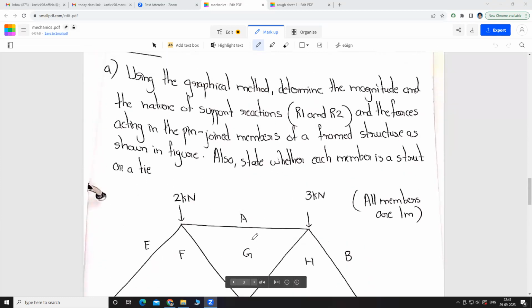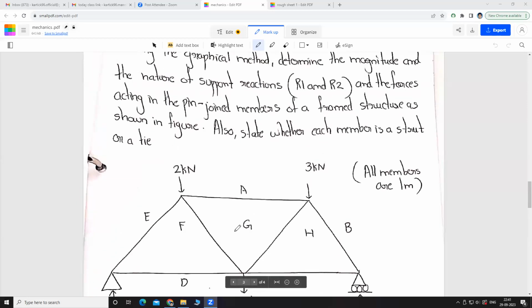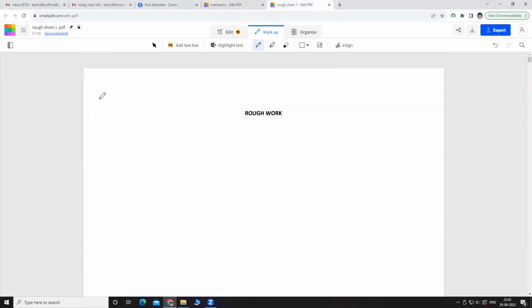First of all, if we try the graphical one, obviously we can't do it properly now, because for that we need scaling. But at least we can discuss the method.